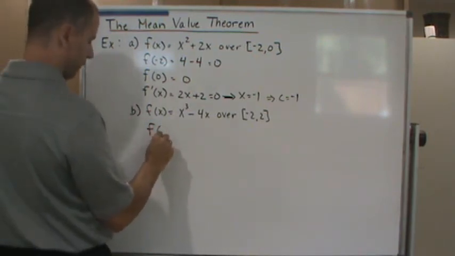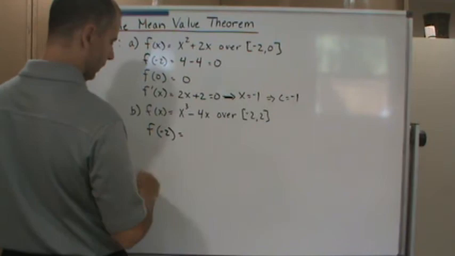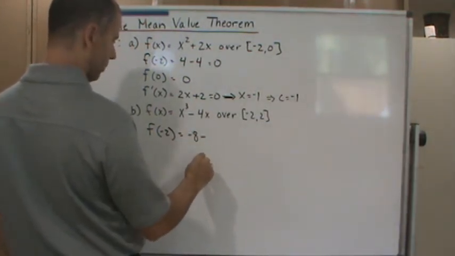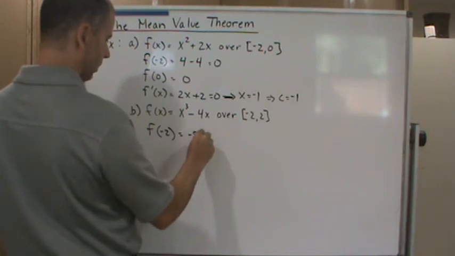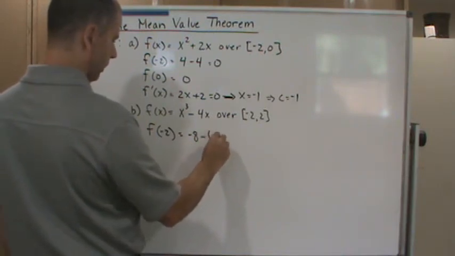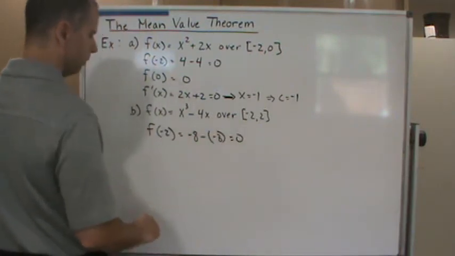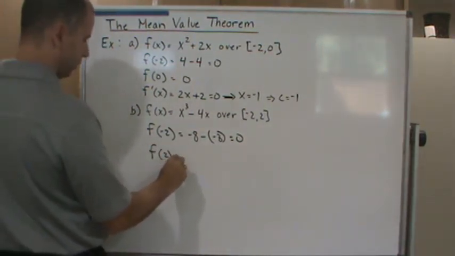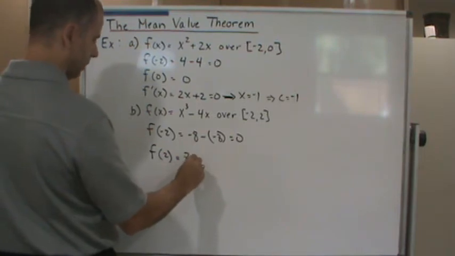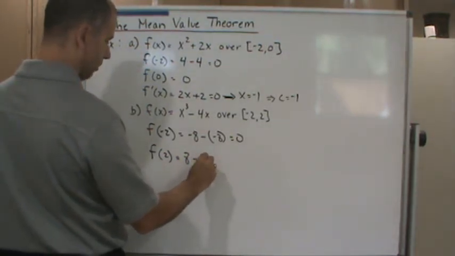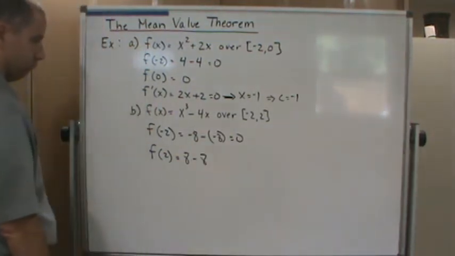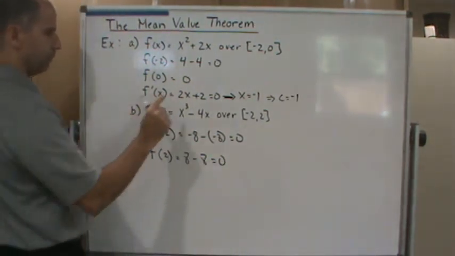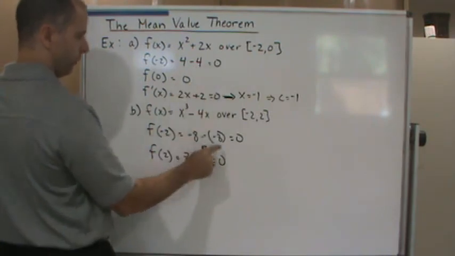So f of negative 2 equals negative 8 plus 8, which equals 0. f of positive 2 equals 8 minus 8, which equals 0.